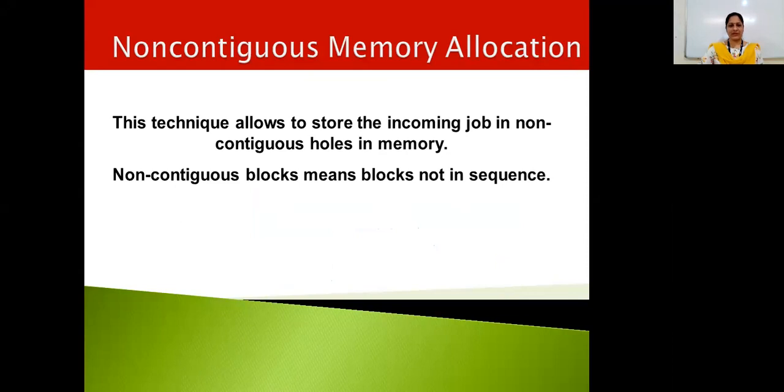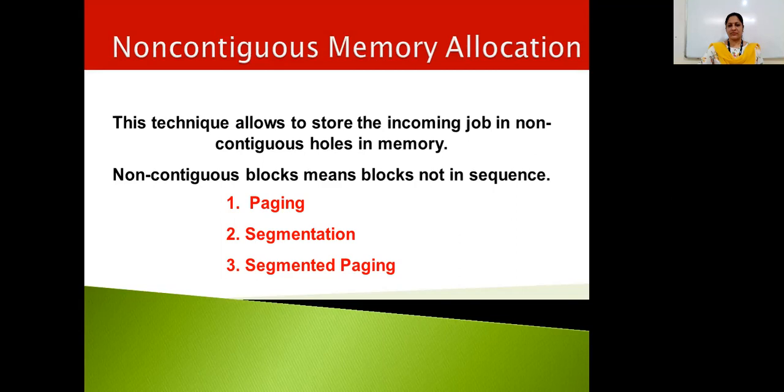They need not be available in a continuous fashion. Non-contiguous blocks means blocks not in sequence. So essentially, in these video lectures, we are going to talk on three primary techniques of non-contiguous memory allocation: paging, segmentation, and segmented paging. So first of all, let us start with what you mean by paging.